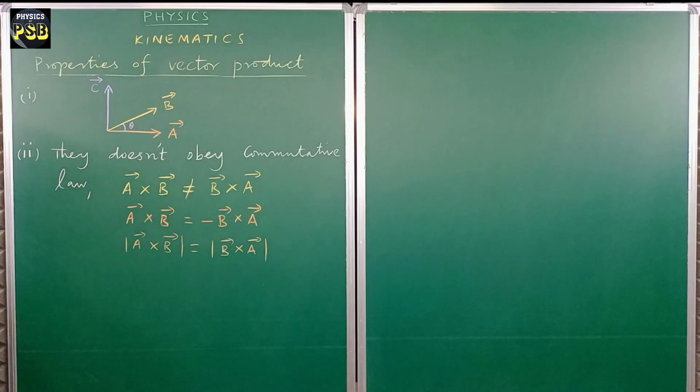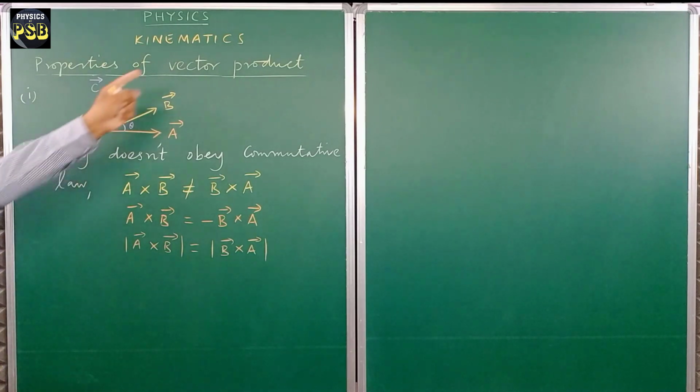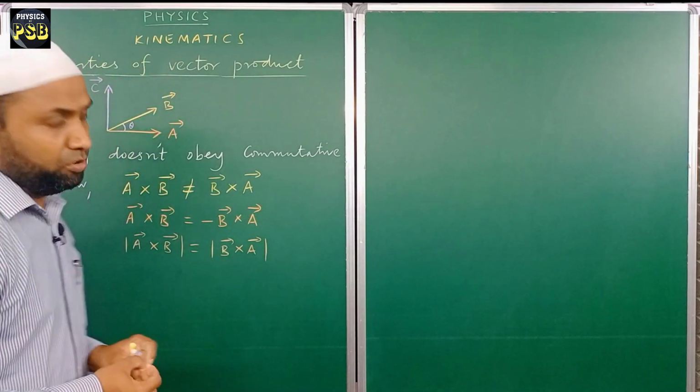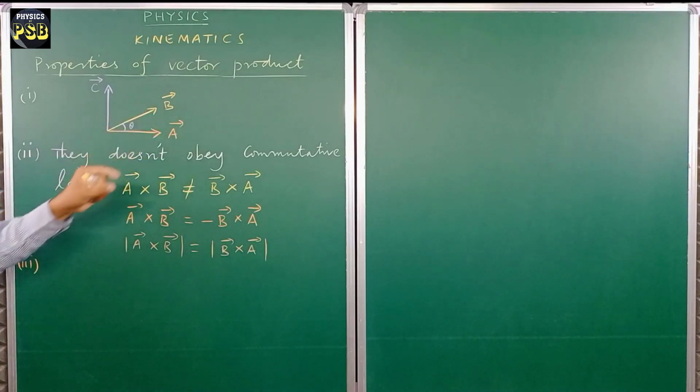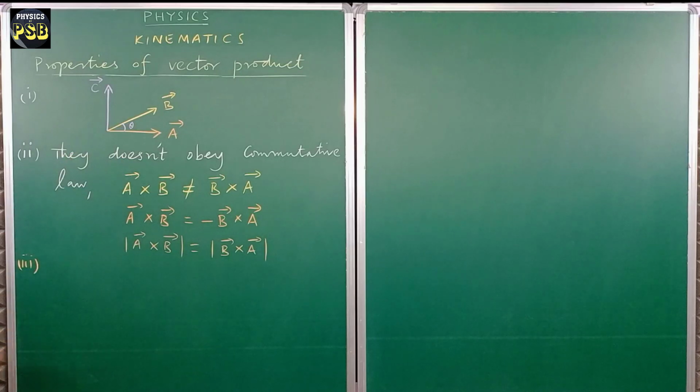So, when the vector product will have maximum value, let's find out. If the angle between two vectors is 90 degrees, if vector A and vector B are perpendicular to each other, then the product of these two will have maximum value.